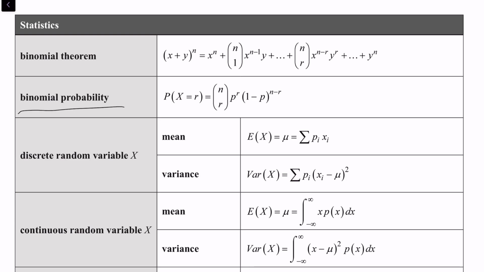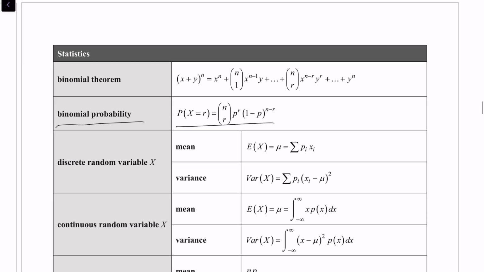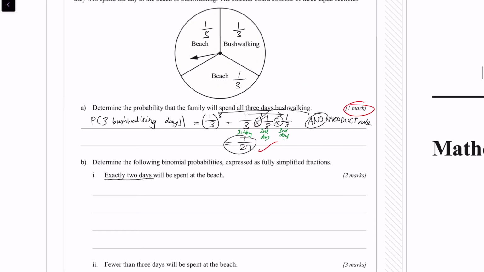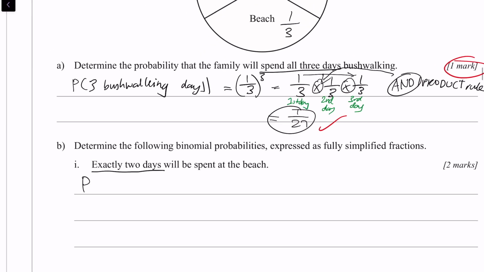Then we are using this equation here, right? So I will probably just rewrite that there as it is, and then I'll figure out what my variables are.